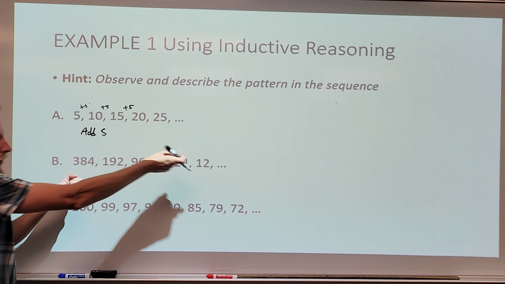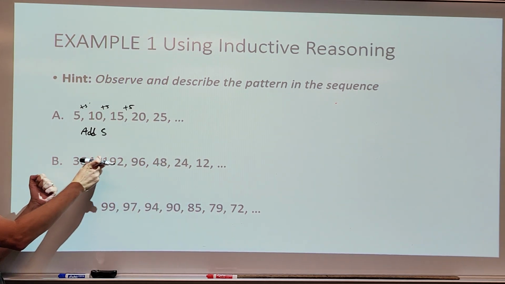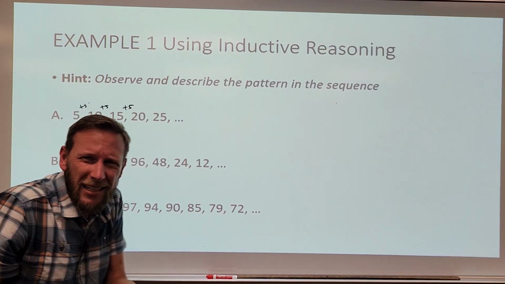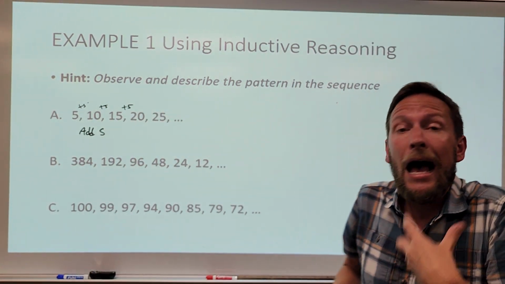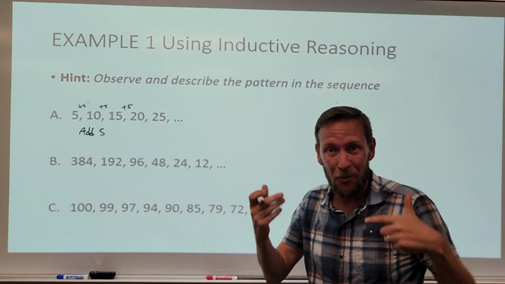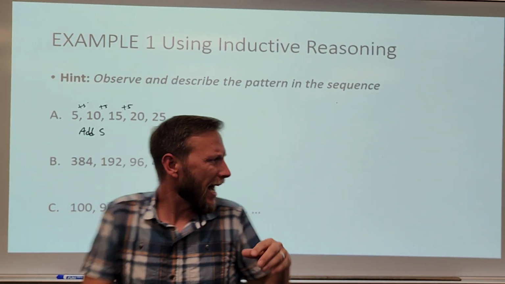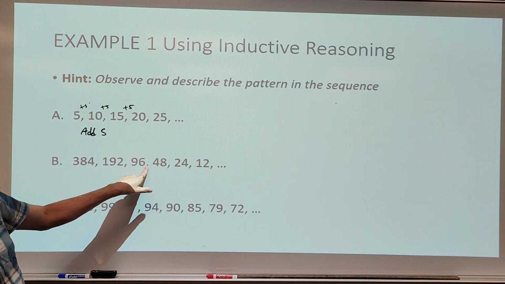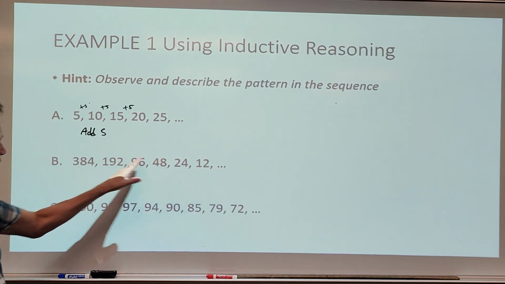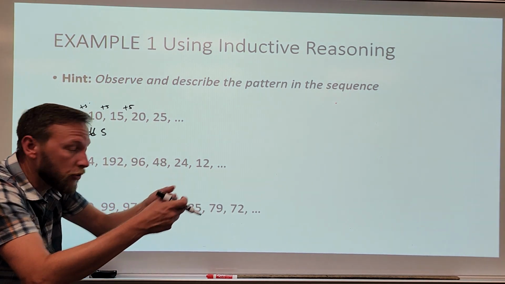Over here, this one might be a little bit different. 384, 192, 96, 48. These numbers might be a little bit big, so that we can't really tell maybe what that pattern is just using our times tables or whatnot. However, as we get smaller here, we can kind of say, oh, we divide by 2 and we divide by 2 and we divide by 2. So is that really what's happening? And you can test that using your calculator.